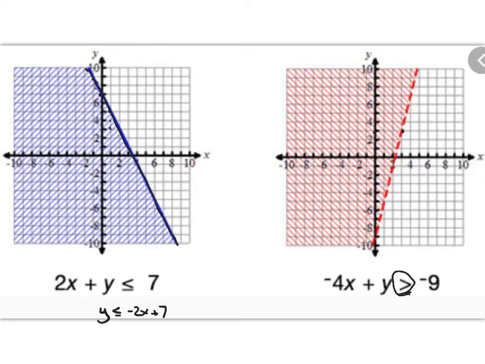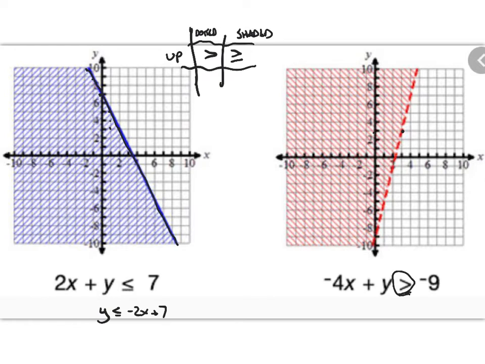So what you need to know is when it's greater than or equal to, is up, is dotted line, is shaded. So this is how the solution works.